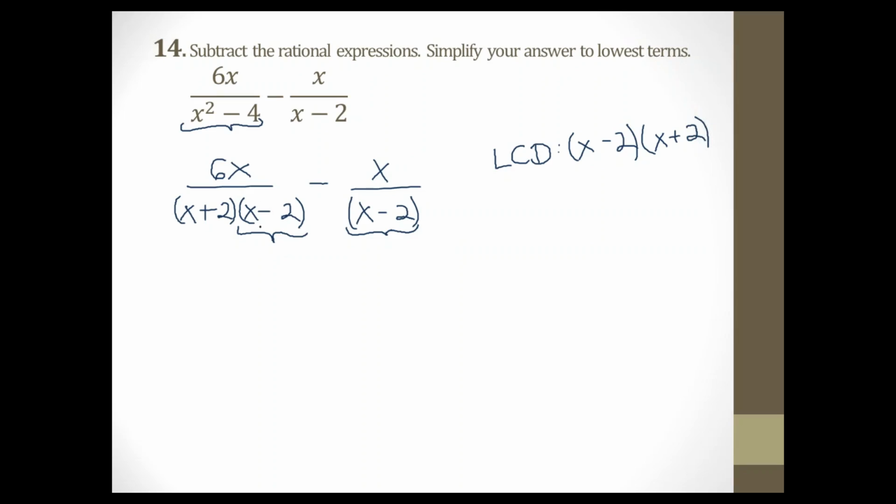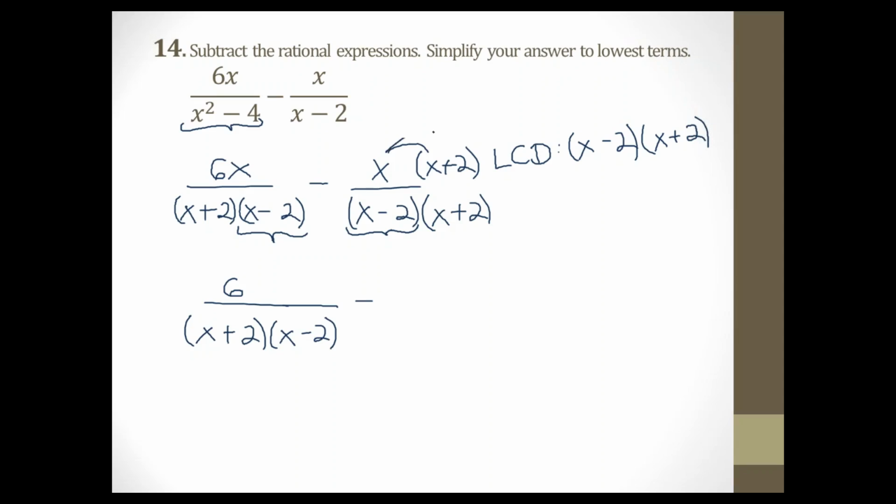Because this side is already the least common denominator, we can just leave it like that. But the other side is missing the x plus 2, so we're going to multiply numerator and denominator by x plus 2, like you would if you were dealing with simple fractions.